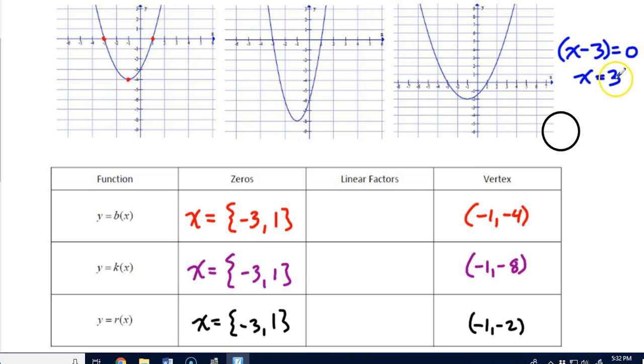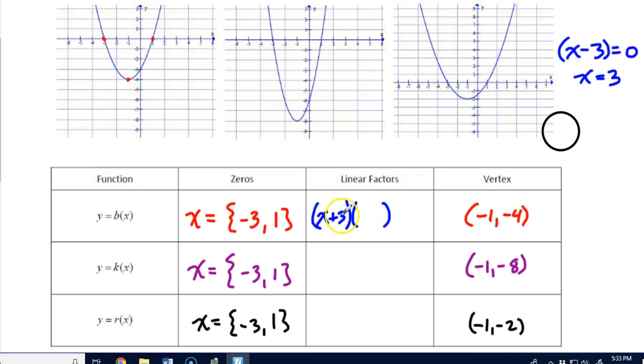So if I wanted to make this into a linear factor, I have to say what that number minus what equals 0. I'm going to do something similar. I have to say what would be my linear factor so that when I put a -3 in for x, I get a 0. So if -3 is the x, that would mean it's +3. So x + 3.